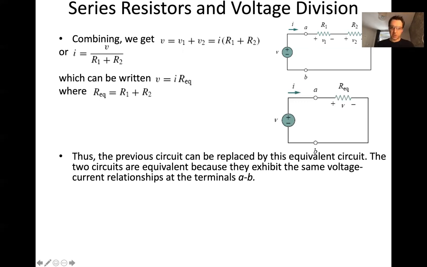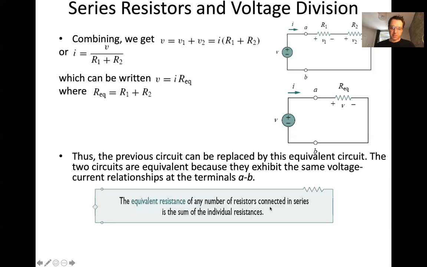And this is a concept that will be brought up and employed time and time again in this course, the idea of combining resistors into a single resistor. And so this circuit here is equivalent to the circuit below. So we have that the battery voltage here is equal to I times R_EQ, where R_EQ is equal to the sum of R1 and R2.